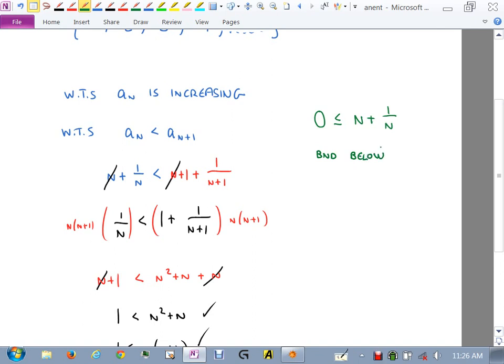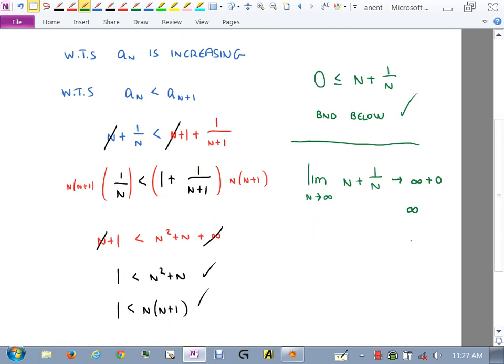But is it bounded above? Right? Is it bounded above? Well, what I'll do is I'll just take the limit. What's the limit as n goes to infinity of n times 1 over n? Infinity plus 0. And what's infinity plus 0? Infinity. Which means that this thing becomes infinitely large, which means there is no upper bound.